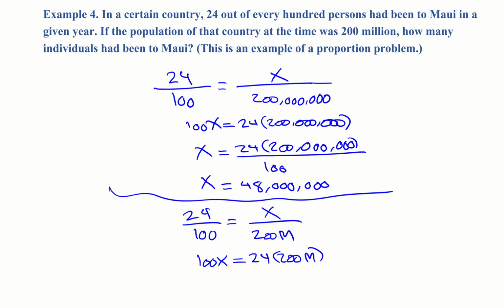So then divide both sides by 100. Just keeps the numbers much smaller this way. Hundreds cancel out. On this side, 100 and 200 leave us 2. So we get x equals 24 times 2M, so we get 48M.